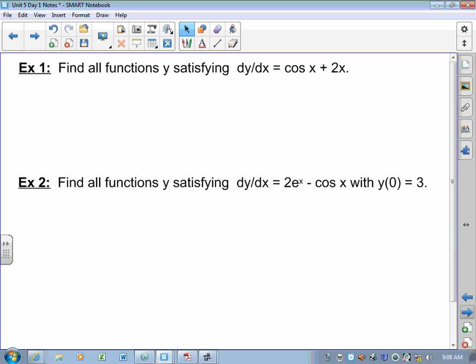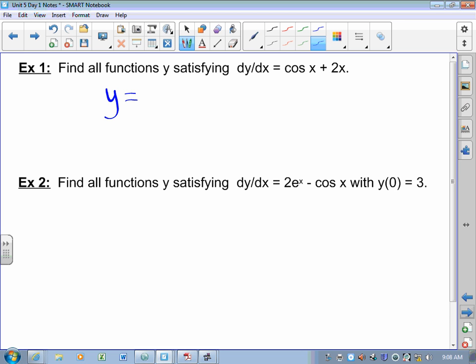A couple of quickies. Find all functions y satisfying dy dx is cosine x plus 2x. So this is one of those situations where we say, I think I can back up this truck. I'm looking for the thing whose derivative is cosine x plus 2x.